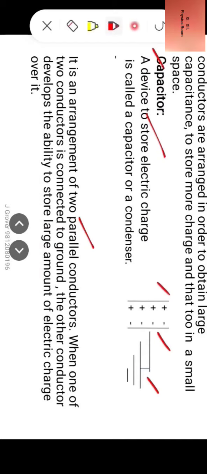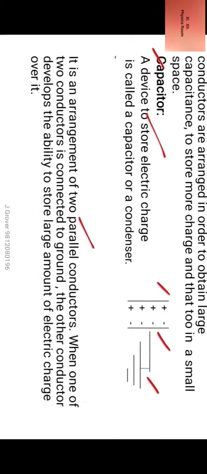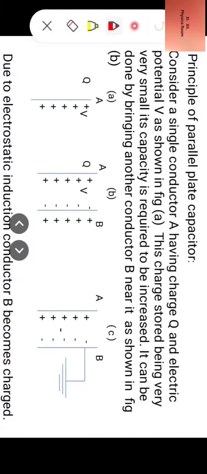It is an arrangement of two parallel conductors when one of two conductors is connected to ground. The other conductor develops the ability to store a large amount of electric charge over it, and this device we call a capacitor.